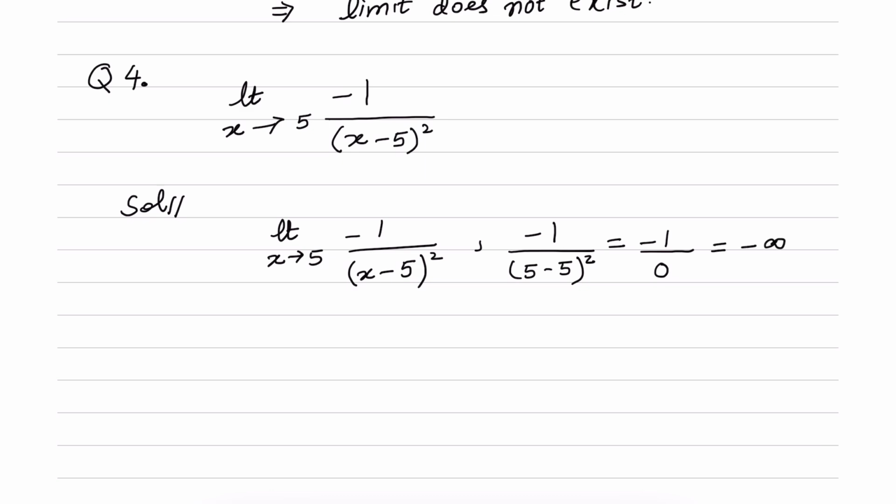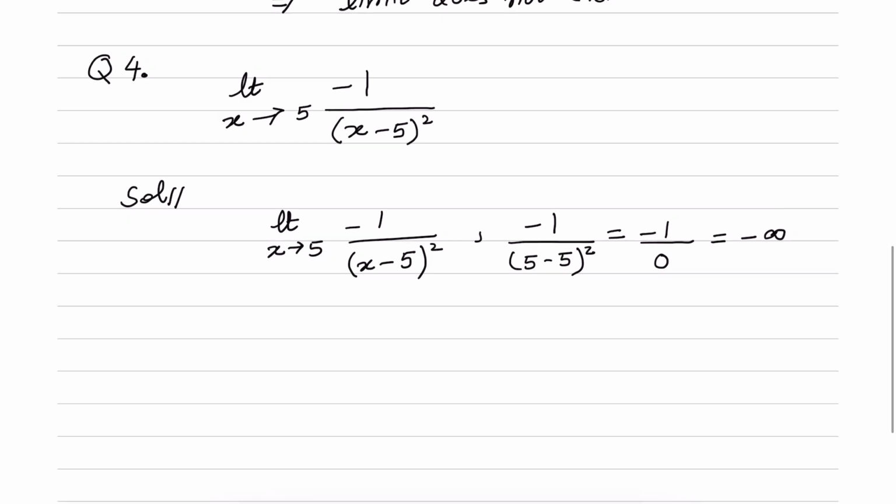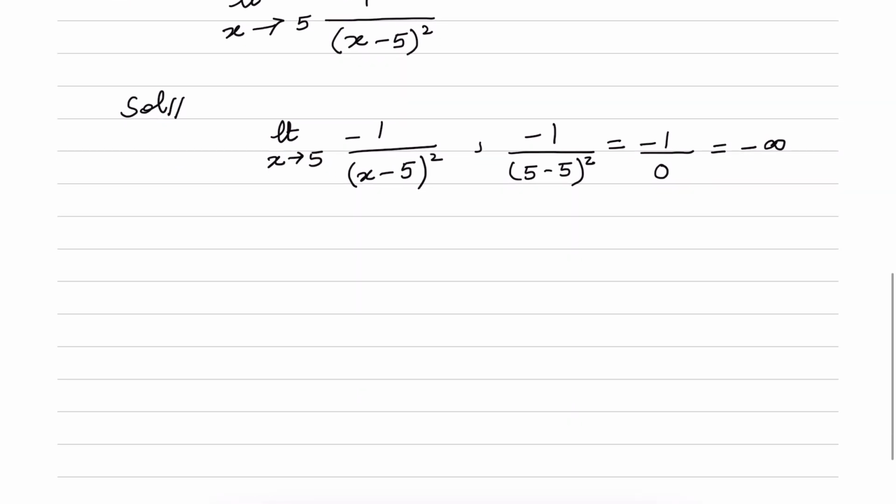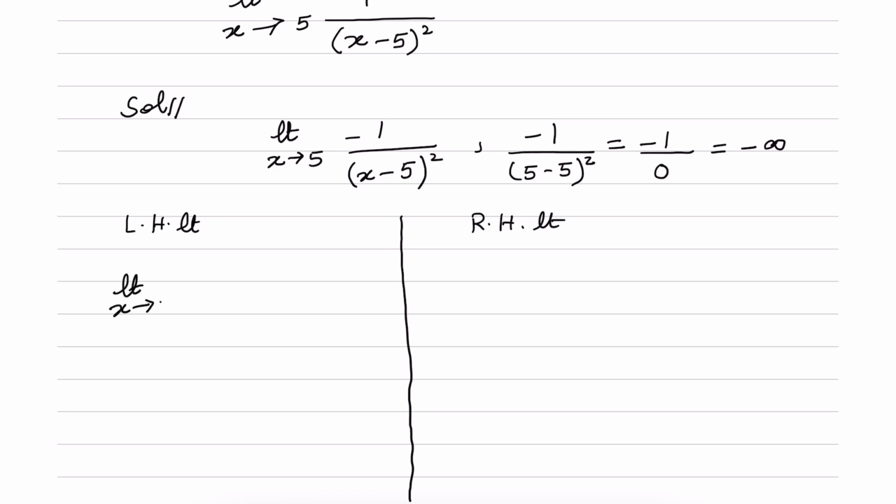Now the rule for when you get infinity or minus infinity is that you split your question into two parts. You find the left hand limit and you find the right hand limit. For left hand limit, you write limit x is approaching to 5 minus, because it's a left hand limit.